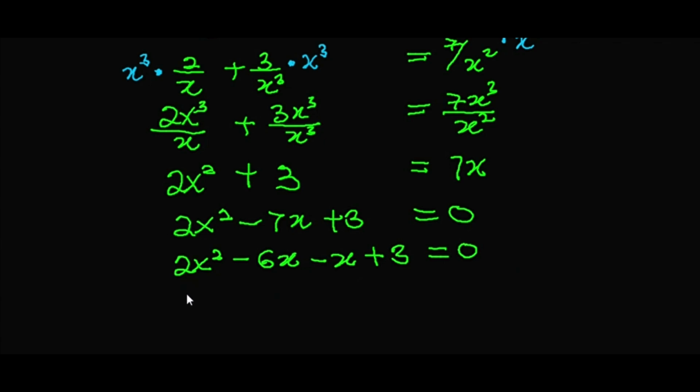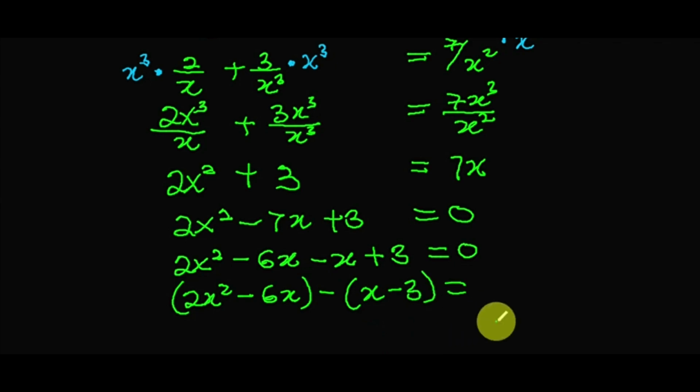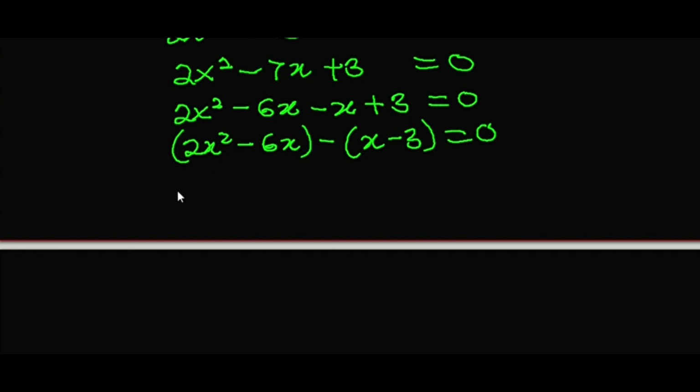So we have 2x squared minus 6x in brackets, minus, taking minus out here, we are left with x minus 3 equals 0. 2x is common, so we factorize that out: we have 2x times x minus 3, minus 1 is factorized out, and here we are left with x minus 3 equals 0.